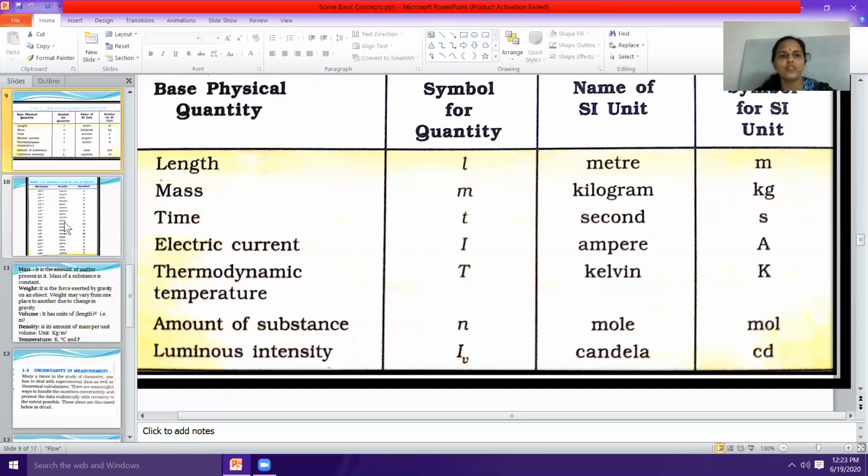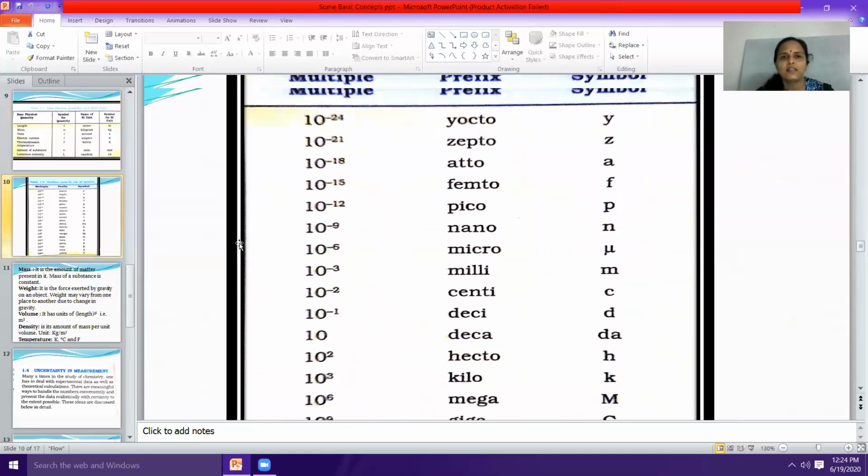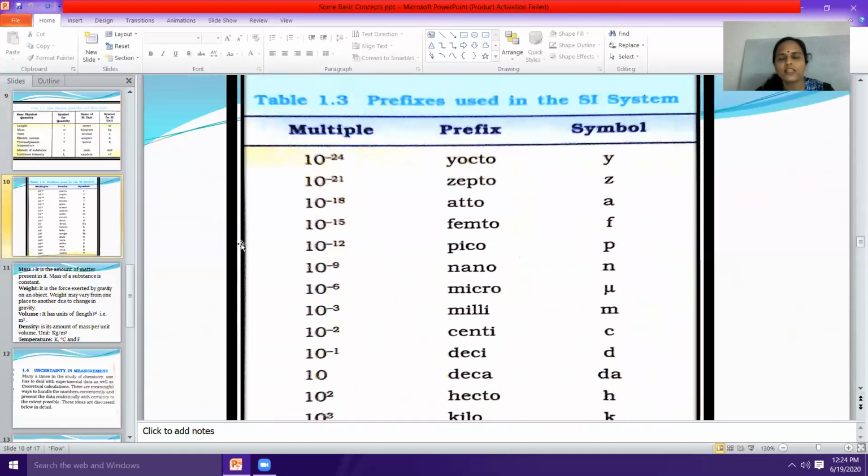Next, you need to learn this table by heart, and this table is the prefixes that are used in the SI system. It is there in your NCERT book, and you have to learn it. You know some basic ones because it is taught in mathematics: kilometer, hectometer, decameter, meter, decimeter, centimeter, millimeter.